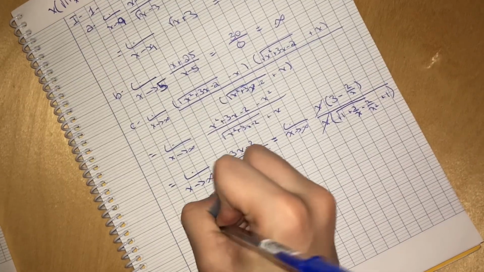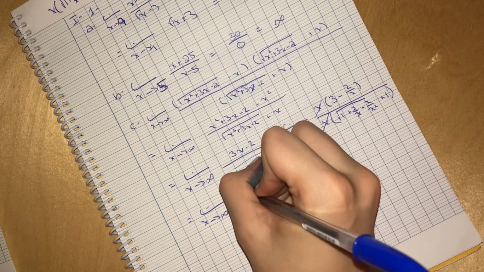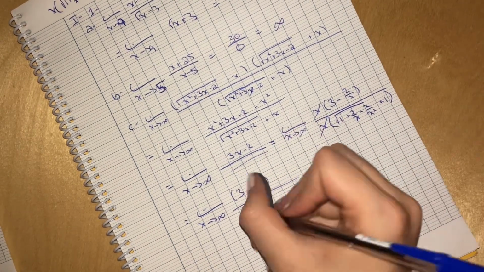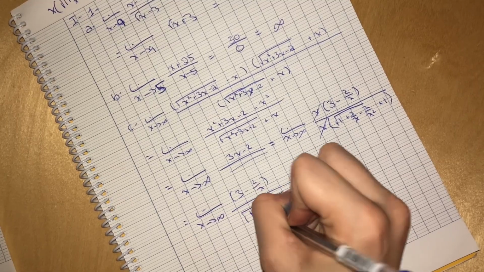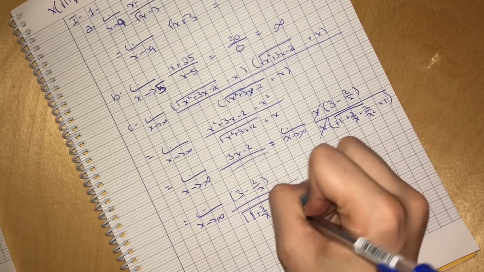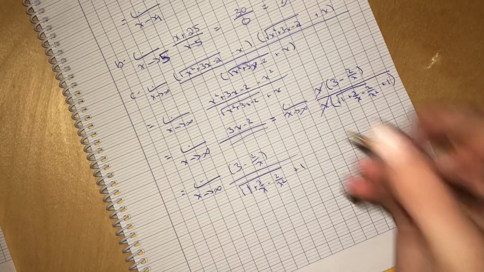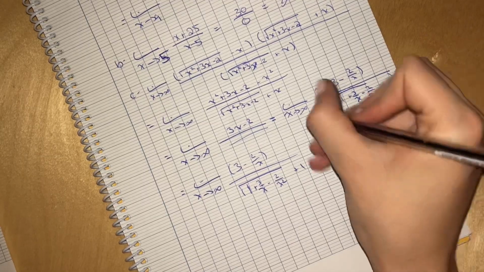We're going to have the limit as x tends towards infinity of 3 minus 2 over x over root 1 plus 3 over x minus 2 over x squared plus 1. Now we can replace x in this, and we'll get 3 minus 2 over infinity, which is 0.